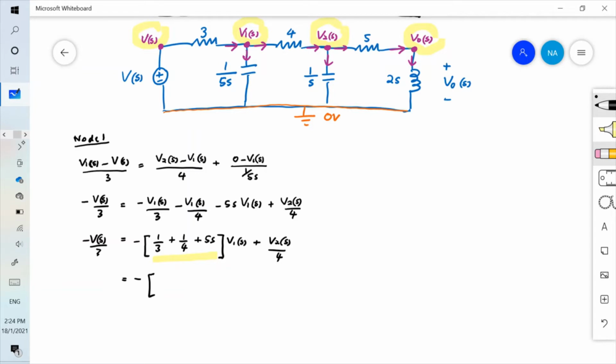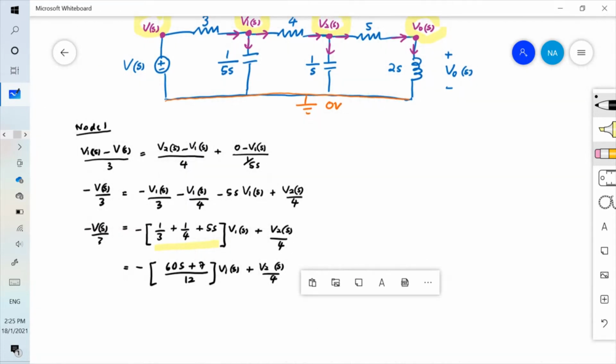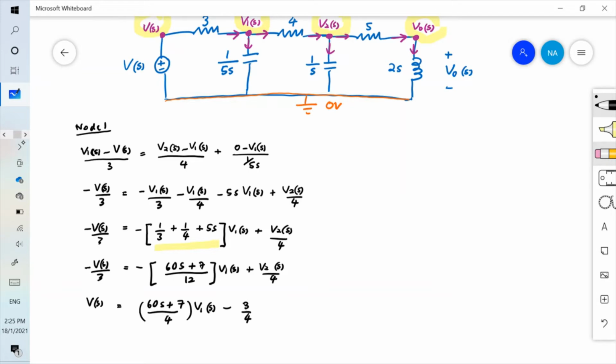So here you will get 60S plus 7 over 12. Okay, so now I'm going to simplify it to become just VS on the left hand side. So you will get 60S plus 7 over 4 V1S minus 3 over 4 V2S.